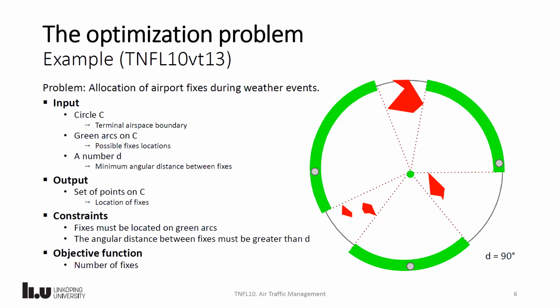An aircraft can have several fixes, but it's a special point in the terminal maneuvering area that the aircraft has to pass through in order to do the descent approach or the arrival route.